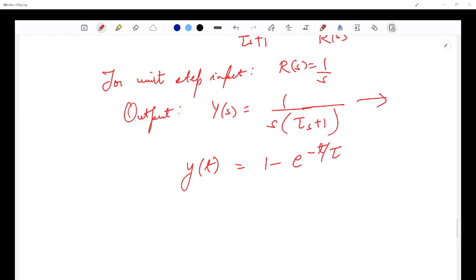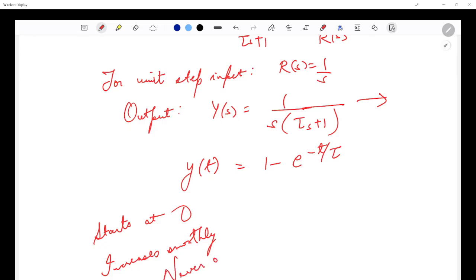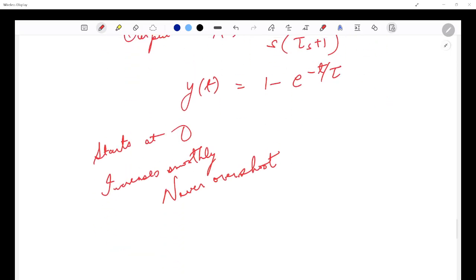It starts at 0: when t is equal to 0, it is 1 minus 1, so it is 0. It increases smoothly. It never overshoots. You'll never see it rising above 1, and it approaches 1 asymptotically.